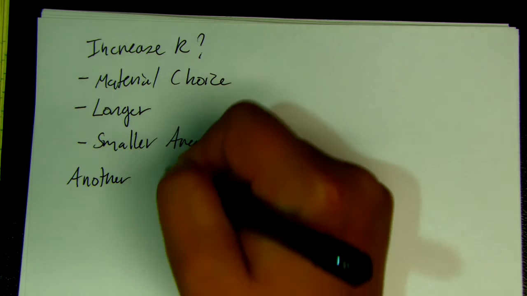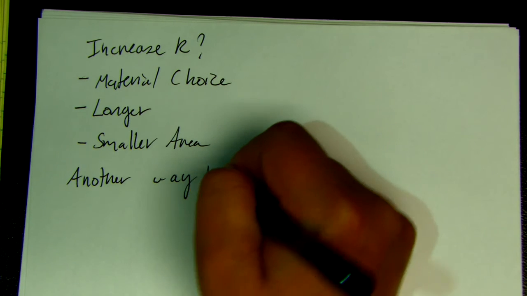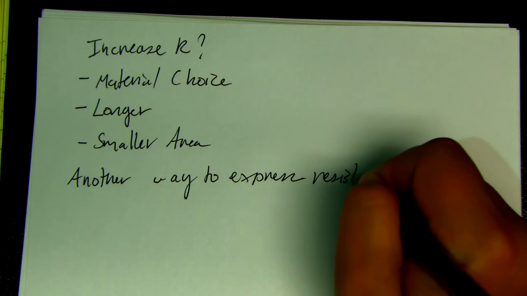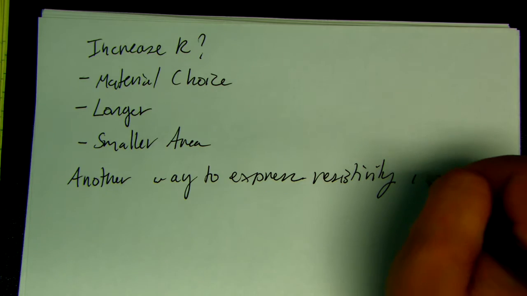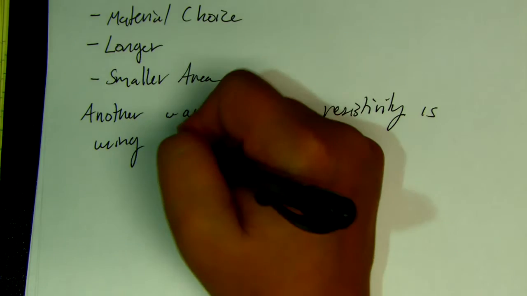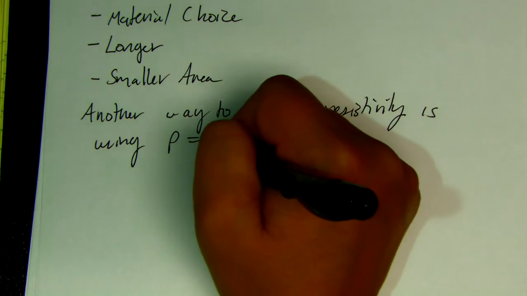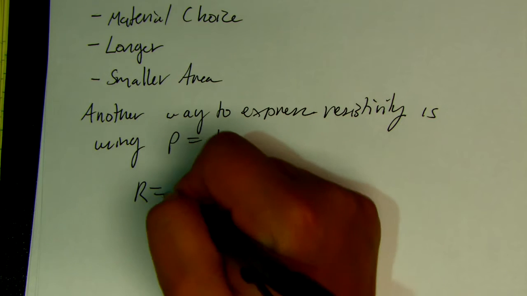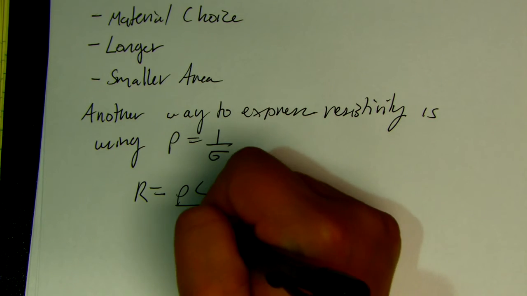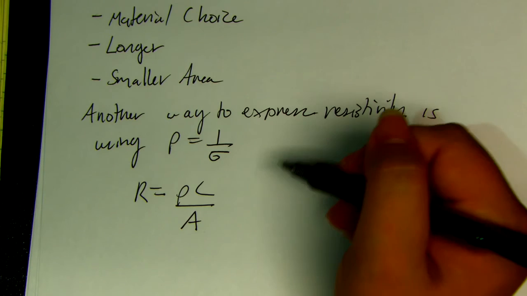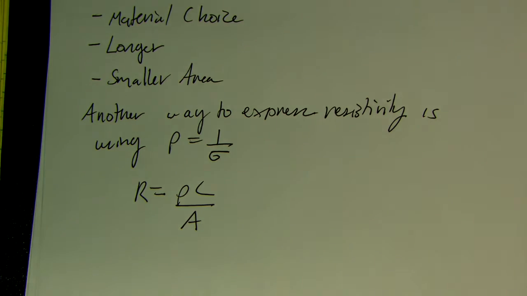All right, so another way to express resistivity, and you'll see this expression a lot in other textbooks, is rho is equal to 1 over sigma. And with this expression, R is equal to rho L over A. So just be aware that this is just another way of expressing resistivity if you see that elsewhere.